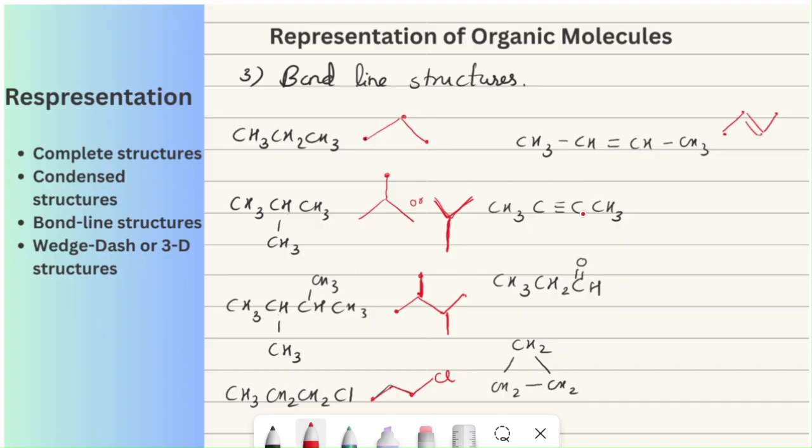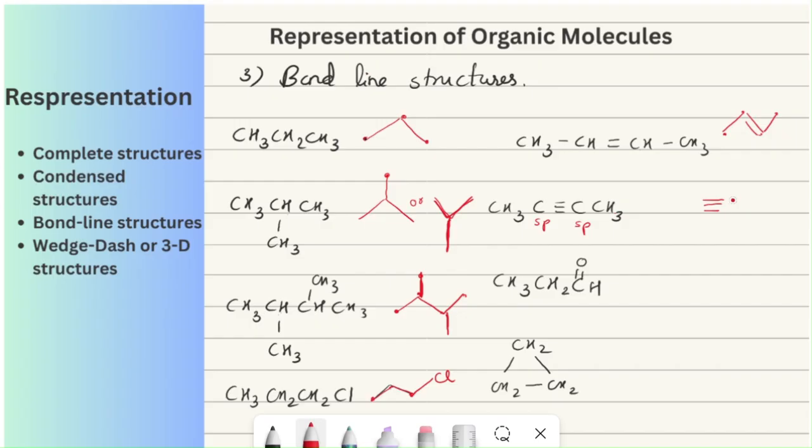What if there is a triple bond? Whenever we have a triple bond, you have to remember that the sp hybridized carbon is linear in shape, because in hybridization you have learned the carbons which are sp hybridized must be linear. What does that mean? You write down a triple bond.